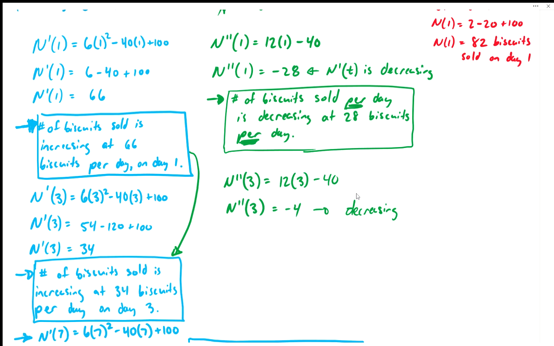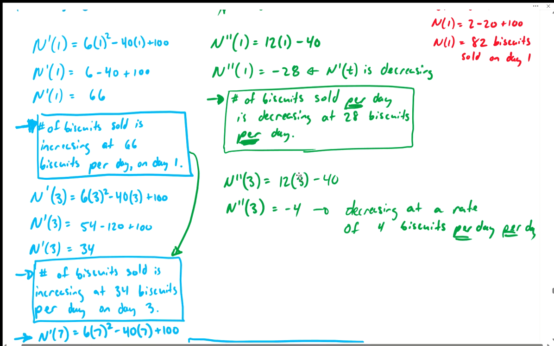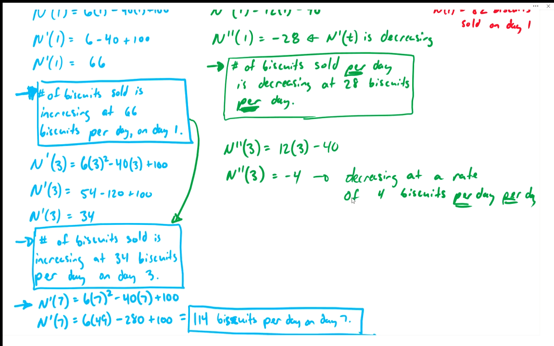Let's say decreasing at a rate of 4 biscuits per day per day. Okay, again, the per. Because it's a second derivative, so it's the rate of change of a rate, so another per. Again, it sounds weird, but I'm going to box this. This is a way to interpret it.